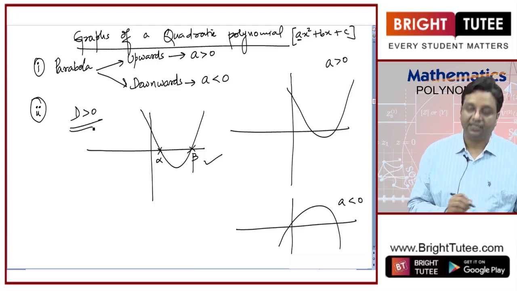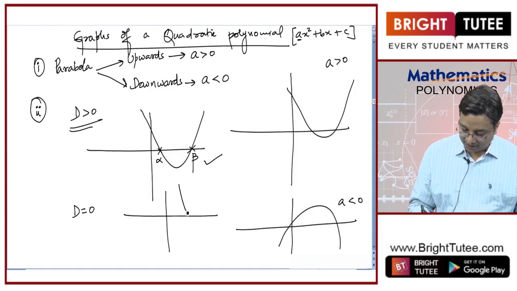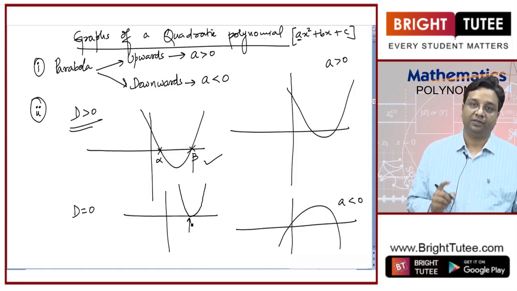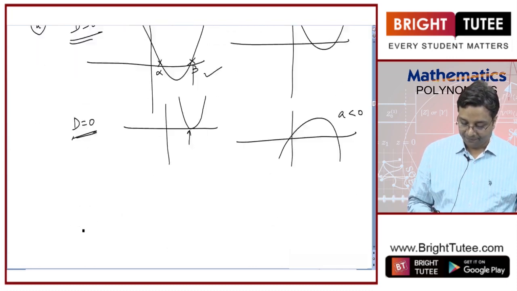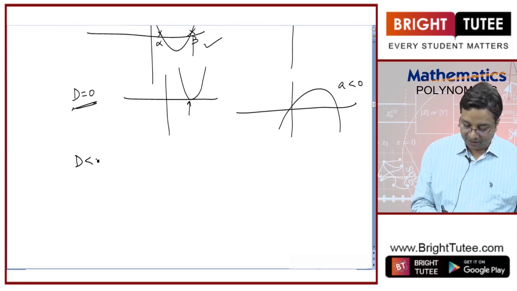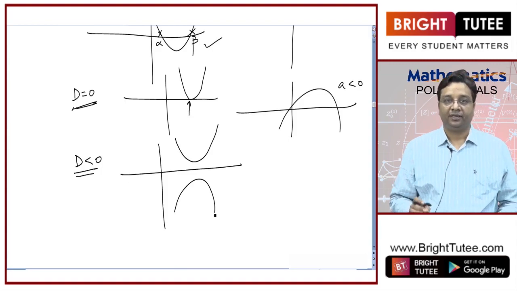If the discriminant is equal to 0, it will only touch the x-axis at one place, because both the roots are equal in this case. And if the discriminant is negative, it will not touch the x-axis. It will either open upwards or open downwards as per the sign of a.